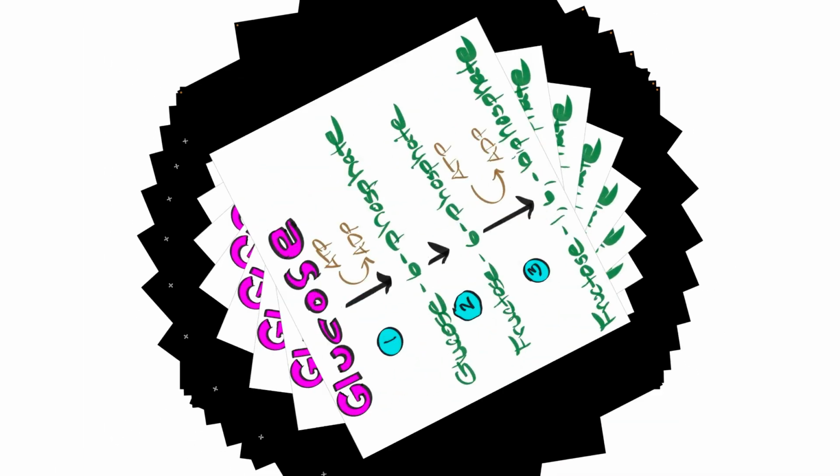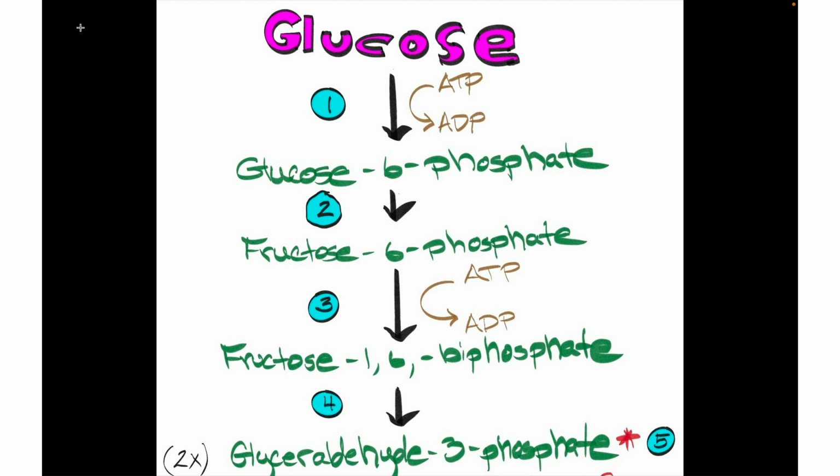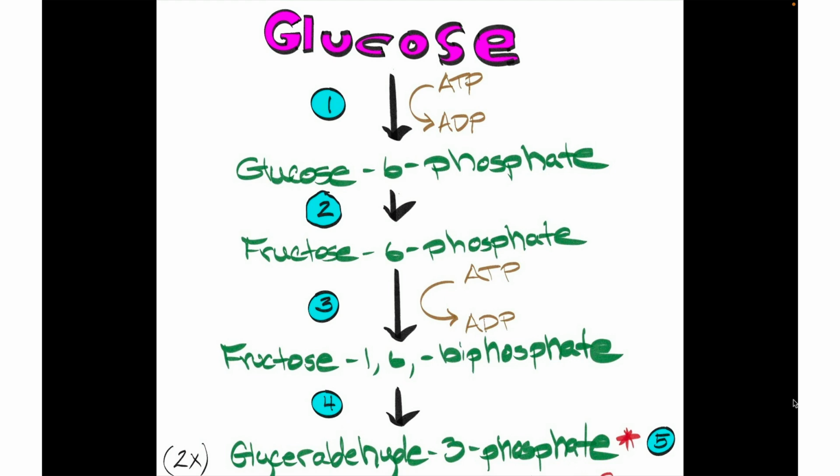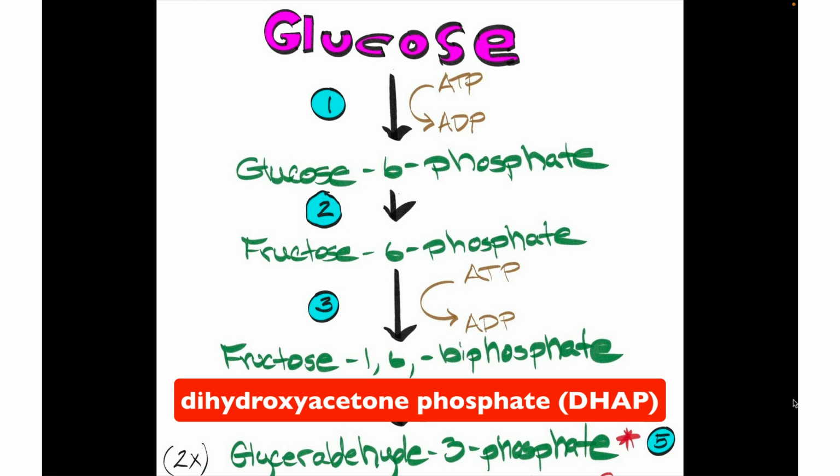that molecule. Okay, what we see right here is the conversion of fructose 1,6-biphosphate into glyceraldehyde 3-phosphate. Now, we see this 5 over here to the right, and that's because glyceraldehyde 3-phosphate changes forms from glyceraldehyde 3-phosphate to dihydroxyacetone phosphate, otherwise known as DHAP.